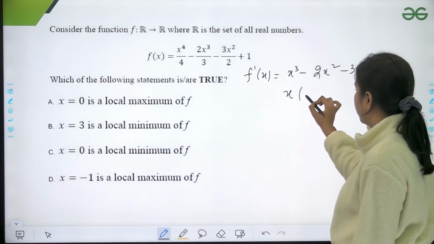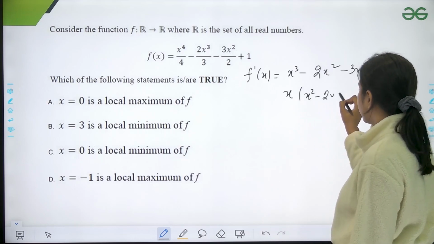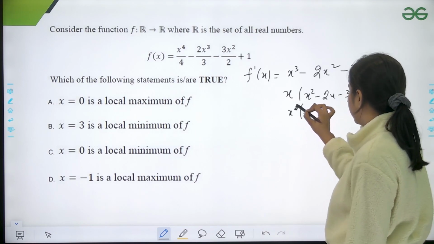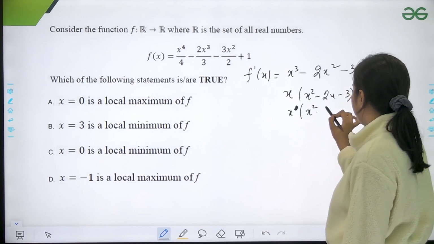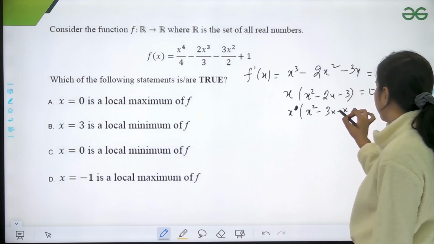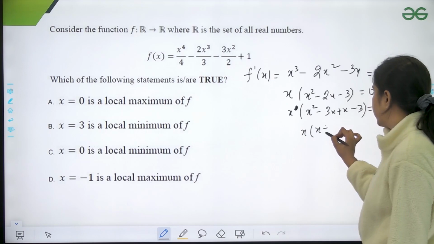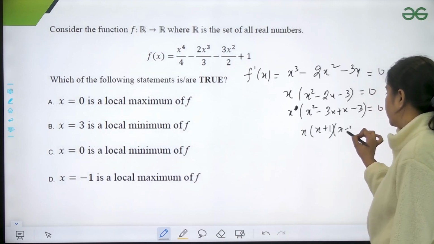I can take x common, and I'll get x square minus 2x minus 3. Solving, x square minus 3x plus x minus 3 equals 0, so x plus 1 and x minus 3, right?